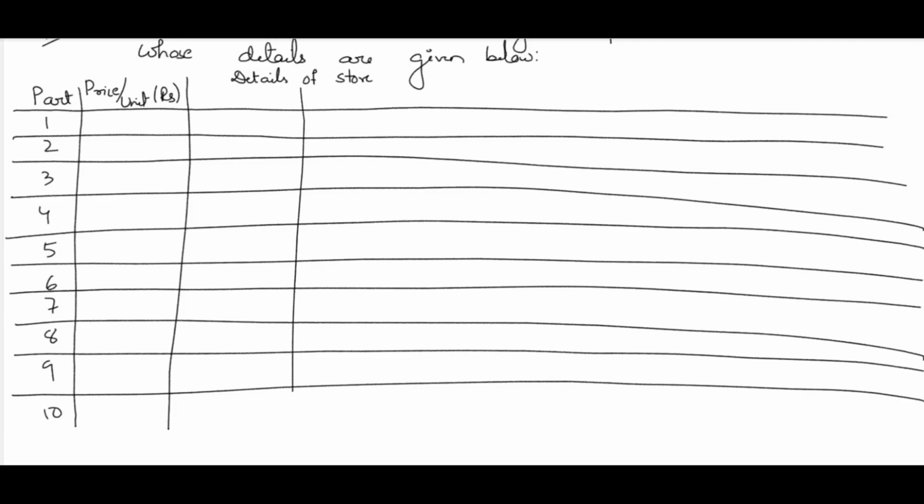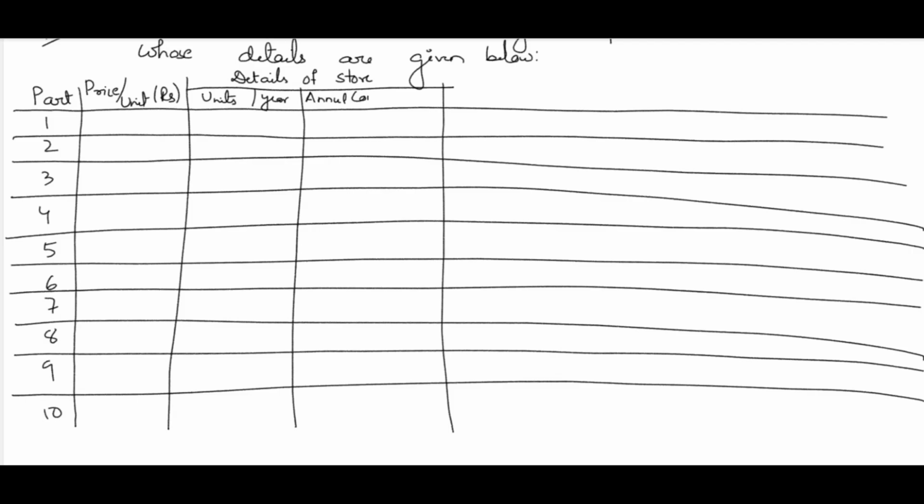Second column is your price or unit in rupees. Then details of store, you get units per year, that is, the quantity is given to you. You have to compute the fourth column. Three columns are given to you: unit price per unit, number of parts, and units per year.